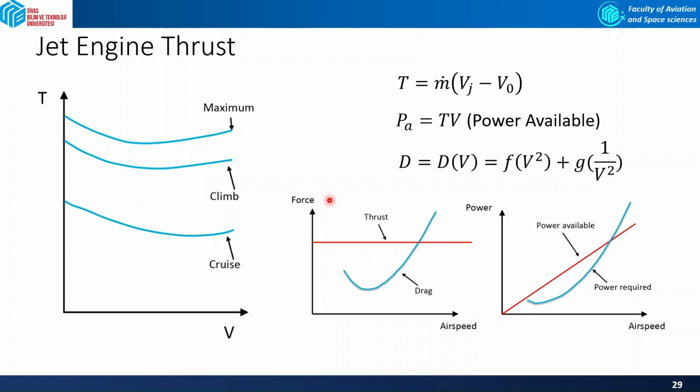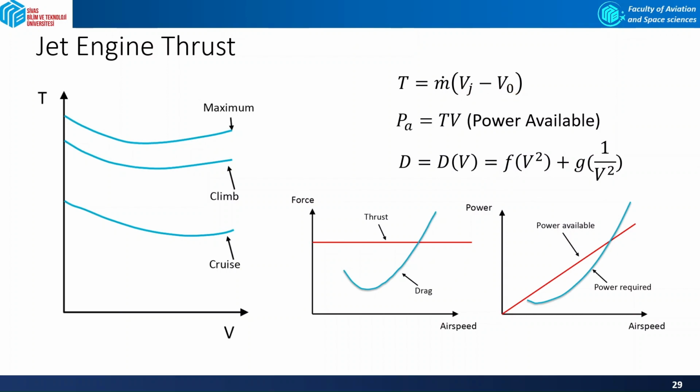Throttle means how much fuel you allow to pass to the jet engine and burn. So first of all, you have to consider the thrust equation. So you see it is mass flow rate times the difference of velocity at the jet and the flight velocity.